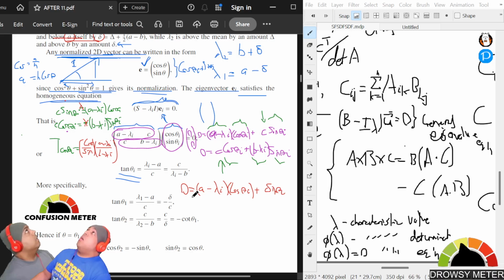Let's send this guy across. C sine theta I equals a minus lambda I cos theta I, and also the negative because we're sending it across.